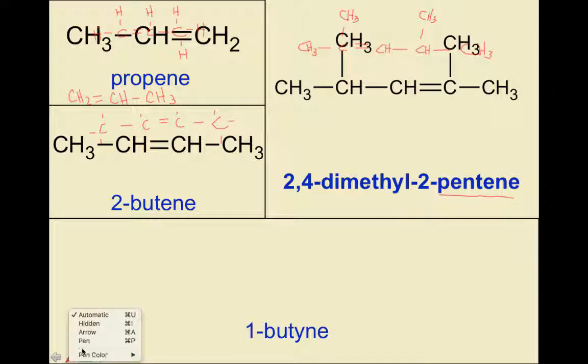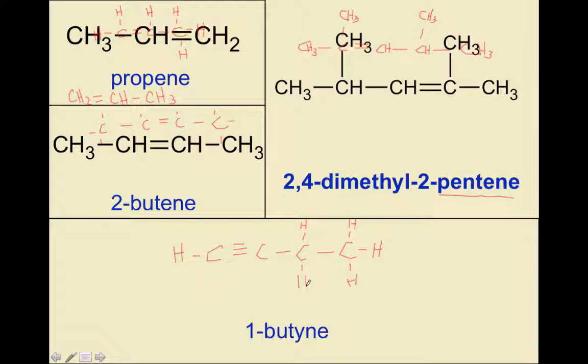1-butyne. Bute, 4 carbons. 1, 2, 3, 4. Butyne means it's an alkyne and it's attached to the first one. So if I put my hydrogens on, each carbon needs to have 4 lines around it representing shared electron pairs.